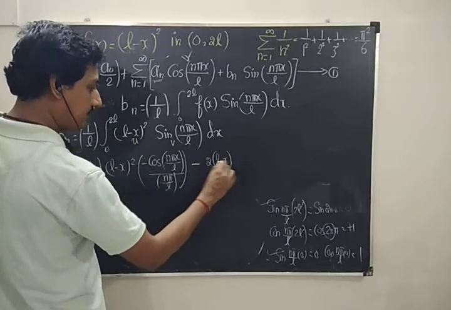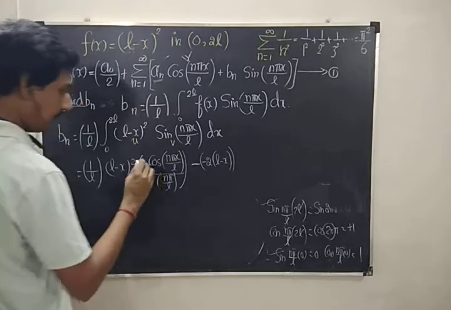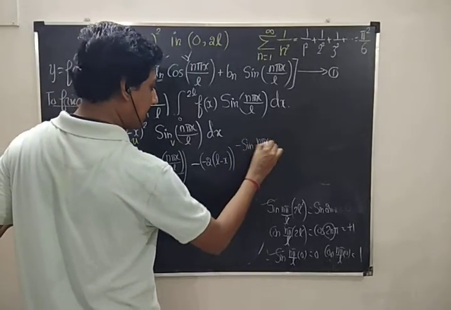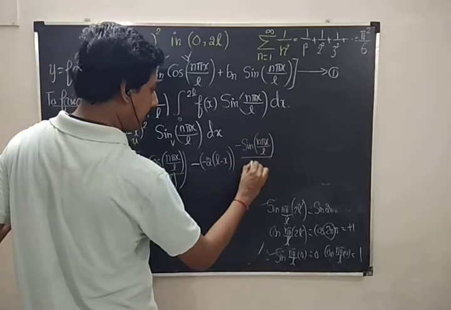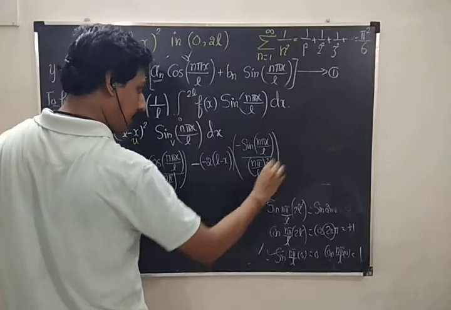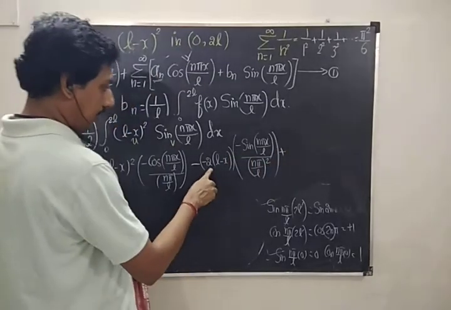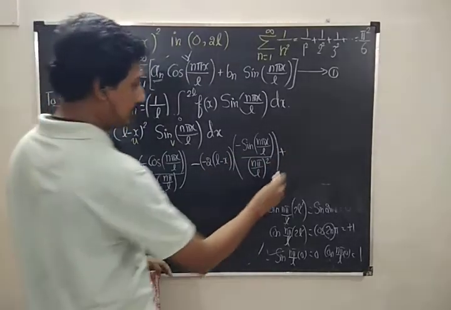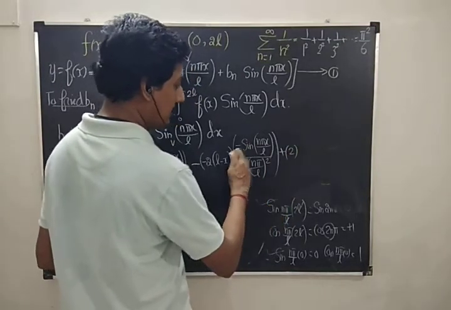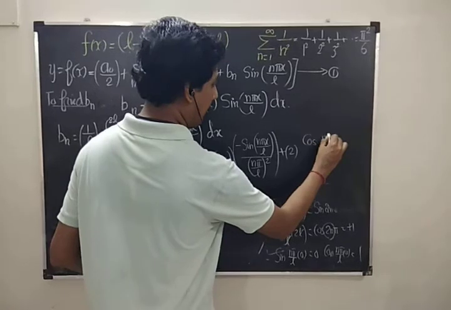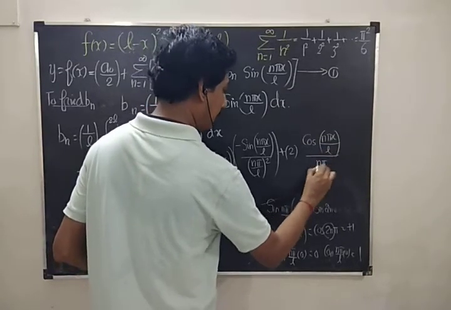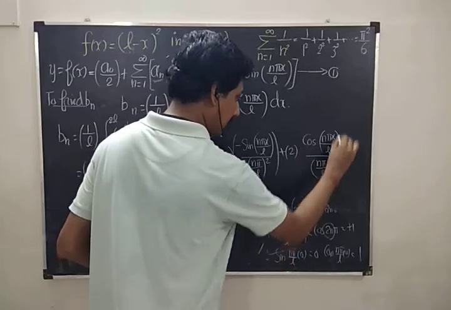The derivative of L minus x is minus 1, so minus becomes minus as it is. Cos becomes plus sin n pi x by L over (n pi by L) squared, plus, differentiation of minus 2 into (L minus x) is plus 2. Once again integrate this, you get minus cos, so minus of minus plus cos n pi x by L over (n pi by L) whole power 3.